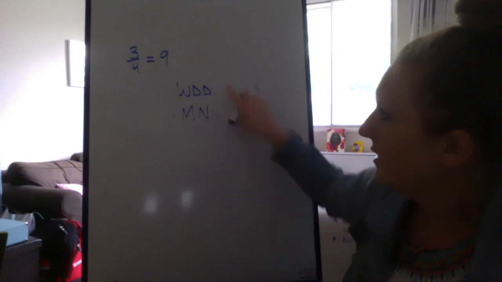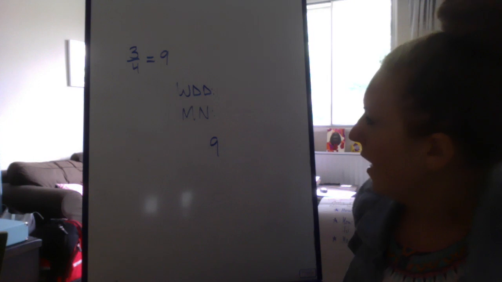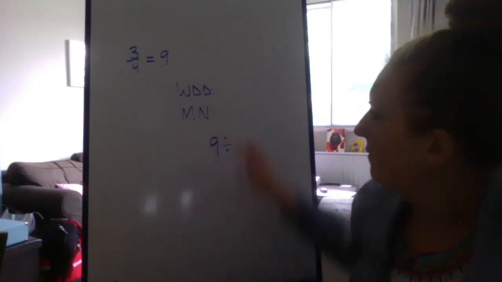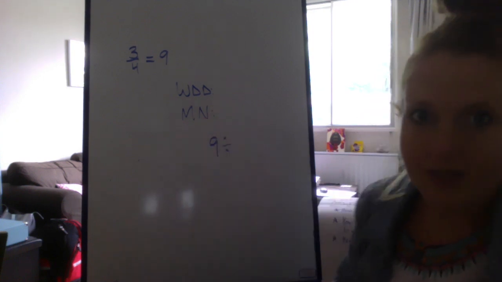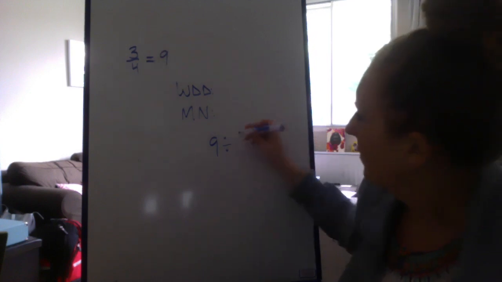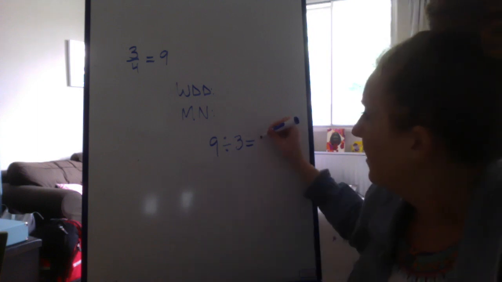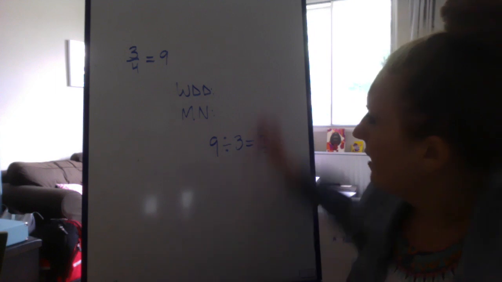Well, in this case, we're going to start with 9 and we're going to divide by the numerator. So instead of multiplying it, we're going to divide. So our numerator is 3. So 9 divided by 3, well, you can use our inverse here. 3 times 3 is 9, so that is equal to 3. So let's check.